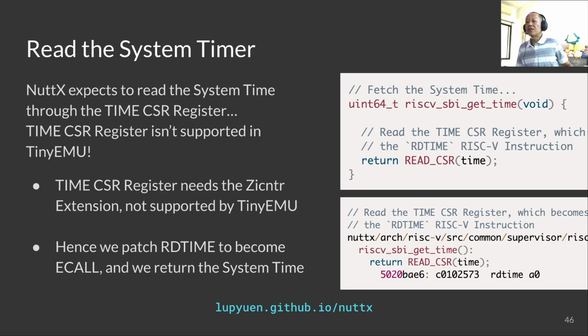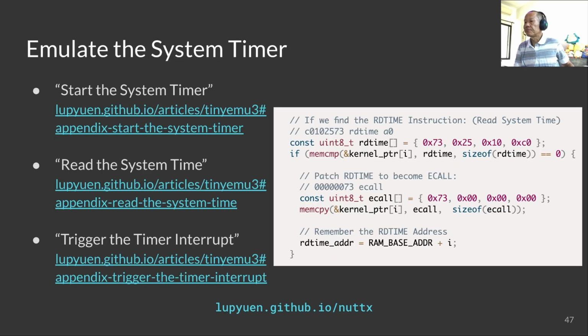Thus, we emulate the register in TinyEMU. At startup, we search for all RD time instructions. We patch RD time to become an eCall system call, and TinyEMU will emulate the eCall to return the system time.